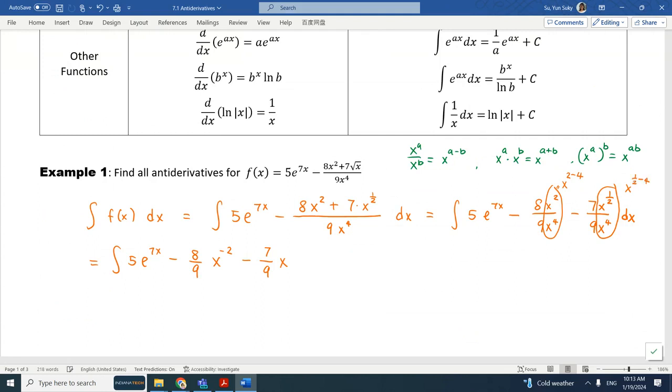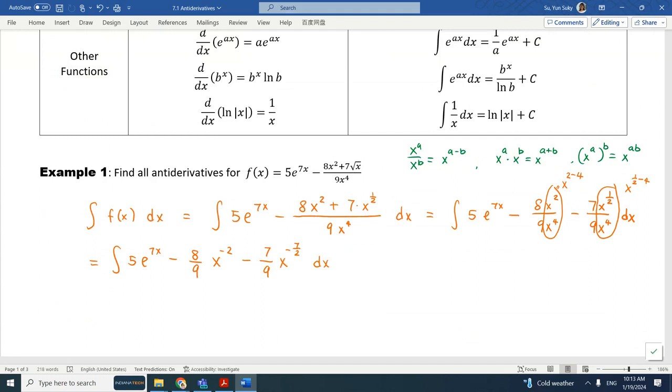What is 4 over 2? 4 is what over 2? 8 over 2. So 1/2 minus 8 over 2 is negative 7 over 2, dx. So we simplify them.